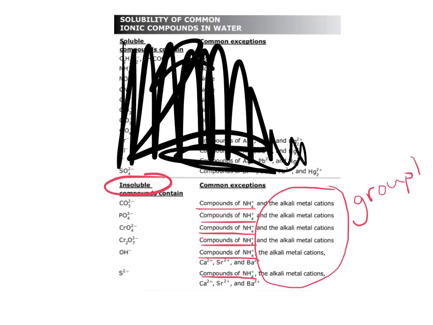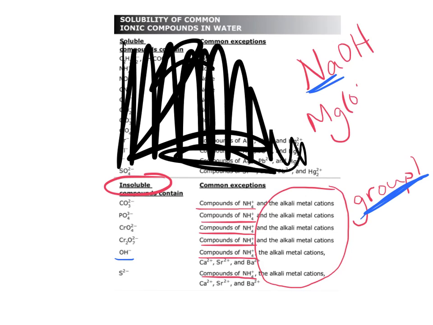So for example, let's say NaOH. Na is from group 1, which means it will be soluble even though hydroxides are typically insoluble. If you had, say, Mg(OH)2, that would be insoluble because hydroxides are typically insoluble, and Mg is not in group 1, it's in group 2.